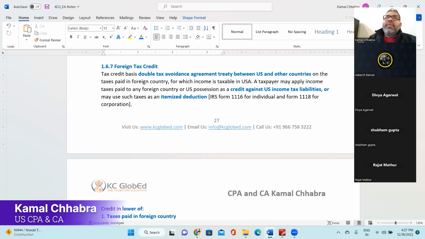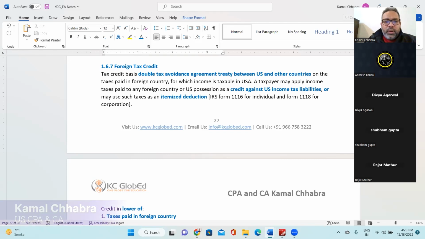And wherever you have earned that income, you might have paid certain tax in that particular country also, right? To avoid double taxation on the individual or the company having operations in multiple countries and paying taxes there also, the government came up with a scheme called foreign tax credit, right?